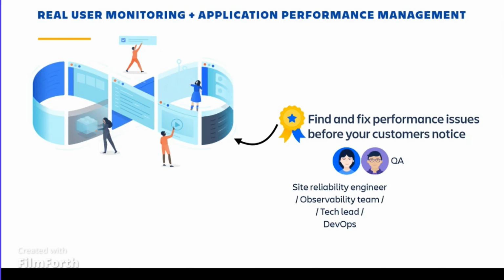There are now tools called real user monitoring and application performance management that allow that. And if you're a cloud company, I'm pretty sure you already have something like an observability team, SREs, DevOps, or there's no standard naming of the role, but generally the observability section.